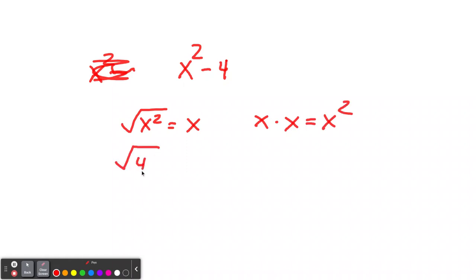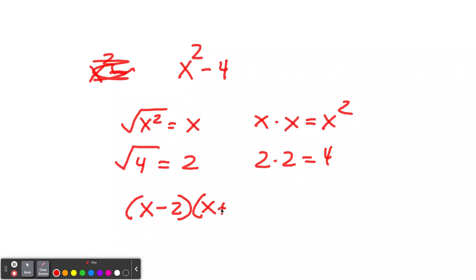And the square root of 4 is 2, because 2 times 2 is 4. So these are perfect squares. So we're going to get the difference of two squares. And when you do that, what you're going to put down is x minus 2, and x plus 2. And that's how you do it for the difference of two squares. You always have a minus and a plus for the difference of two squares.